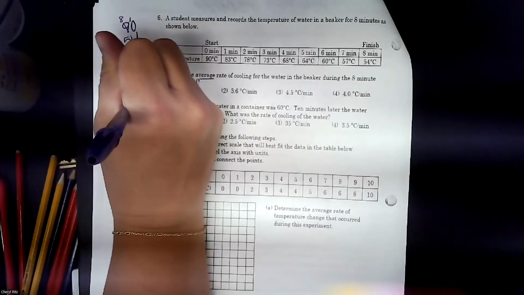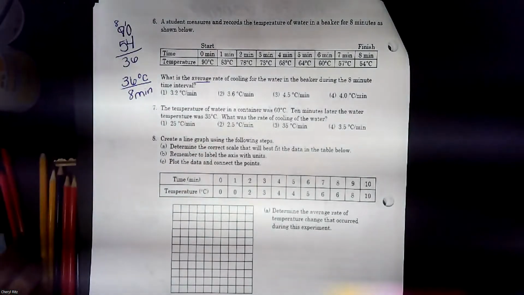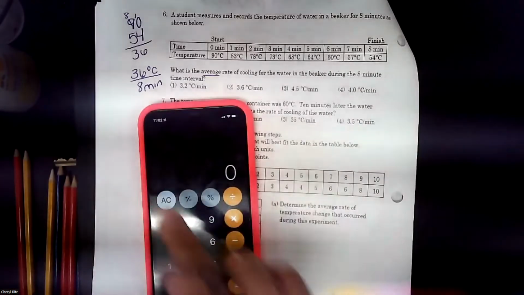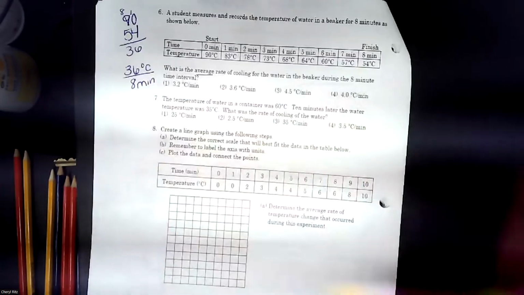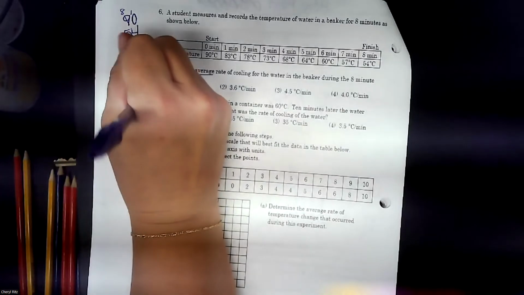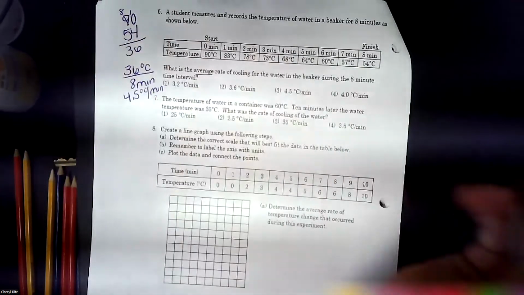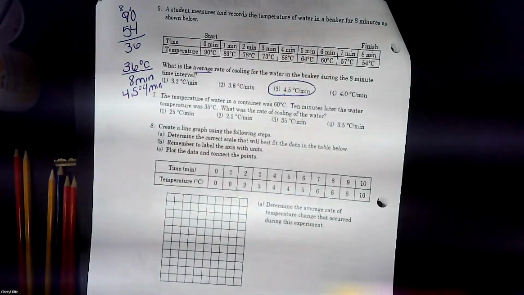You got it. 36 divided by 8 minutes. 36 divided by 8 is 4.5. So right there, 4.5.